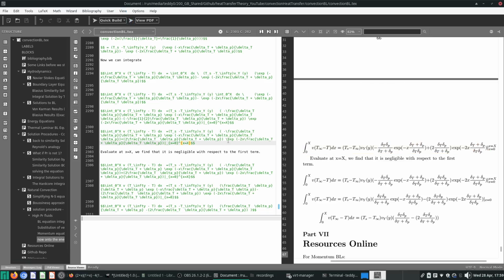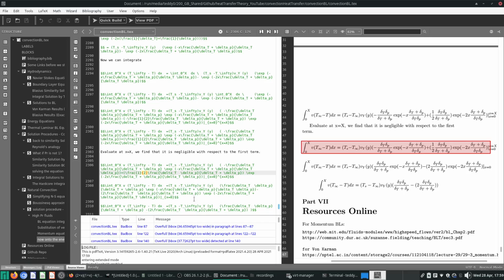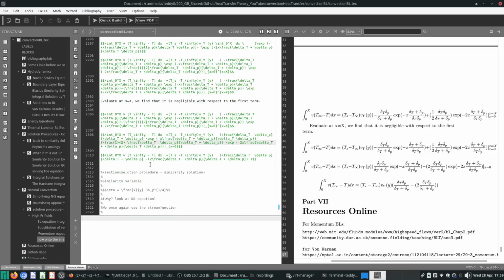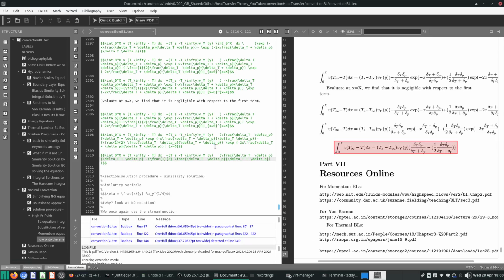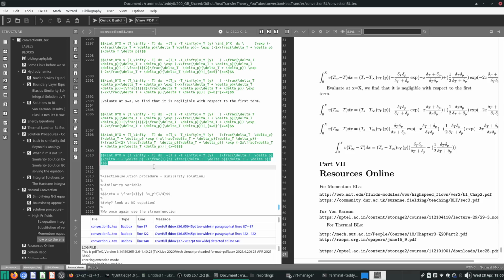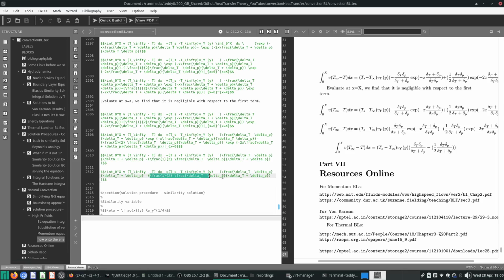So everywhere I see the 2, I should be putting a half there. Okay, this math is pretty straightforward. Subtract it from both sides, you will just get a half.